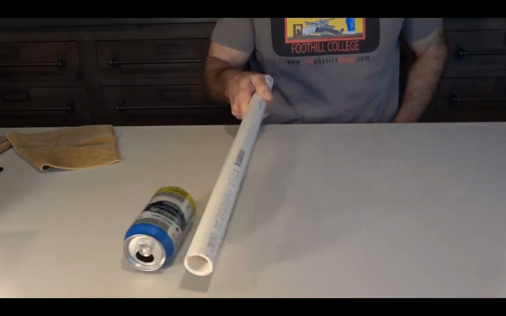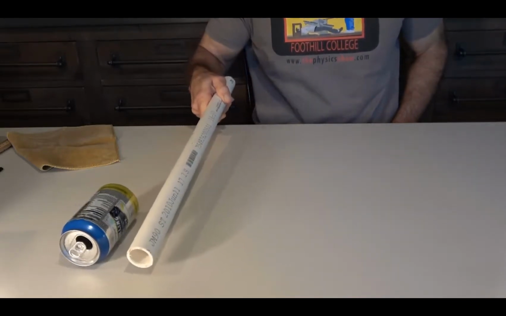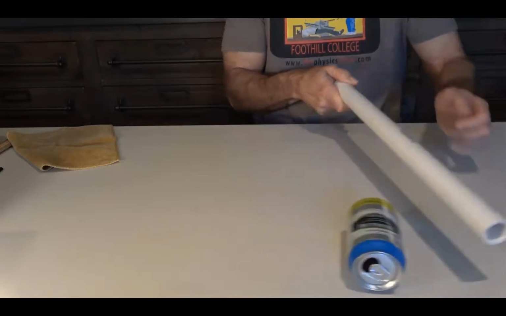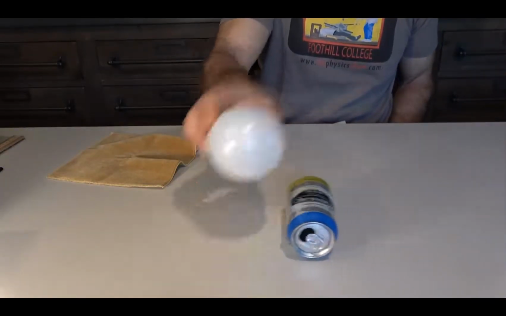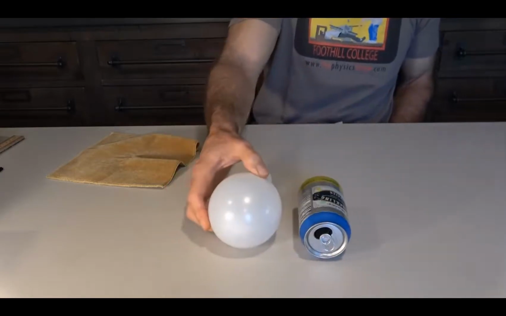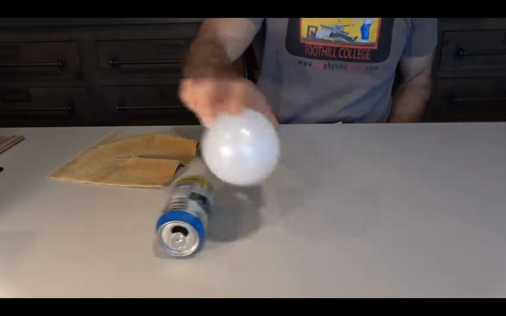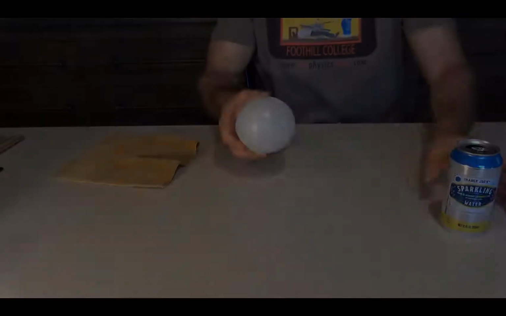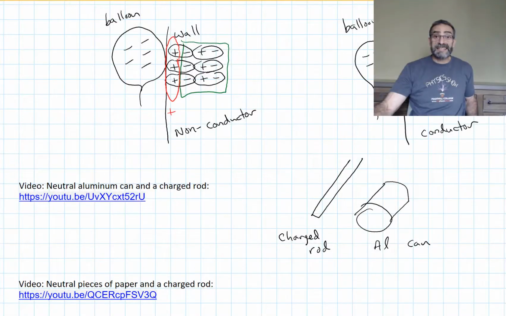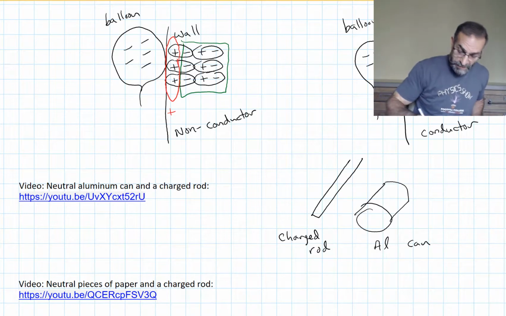The aluminum can is a conductor, but it's electrically neutral. Only the PVC rod is charged. You can use any charged object. After rubbing this balloon against my hair, it charged up and it acts just like the PVC rod. This is exactly what we've been talking about so far. Our rod was charged. Let's make it negatively charged.